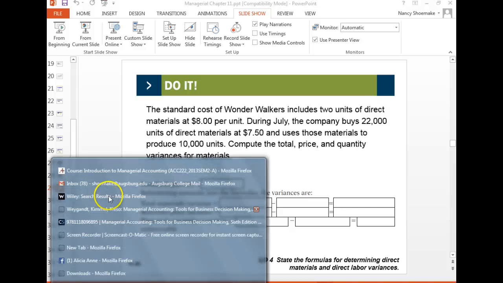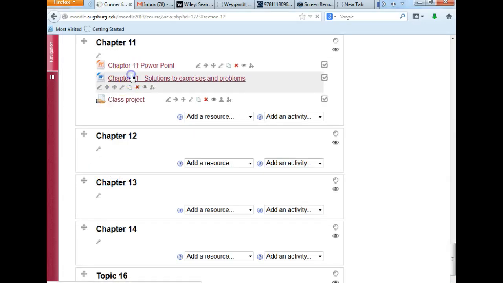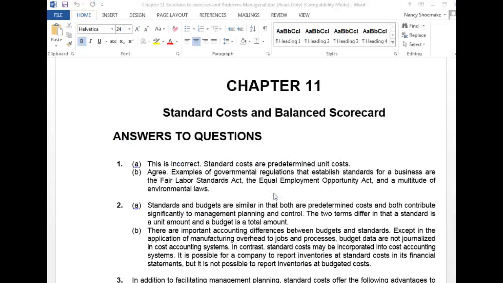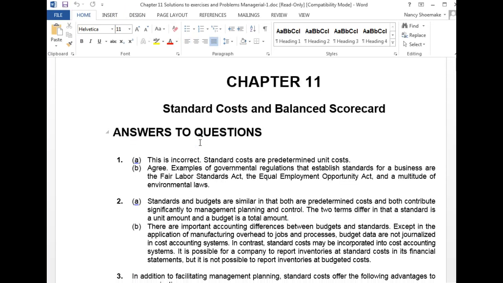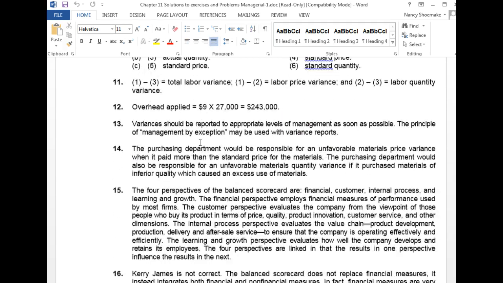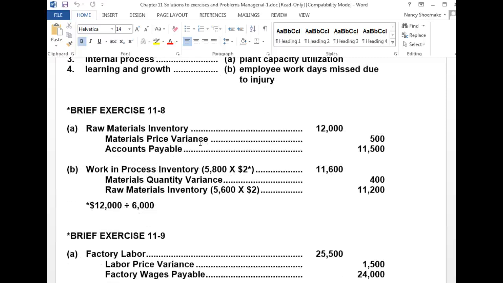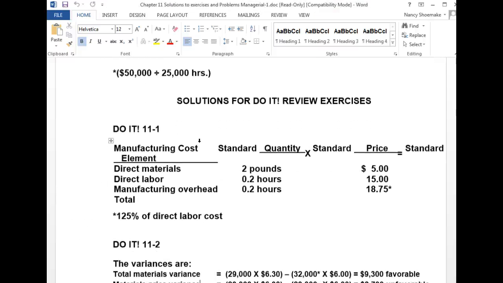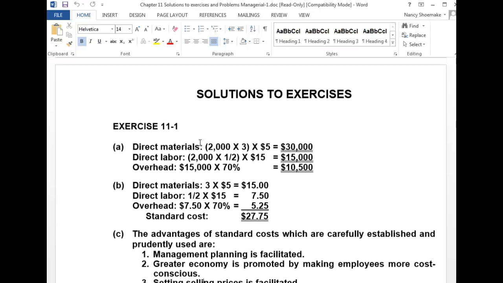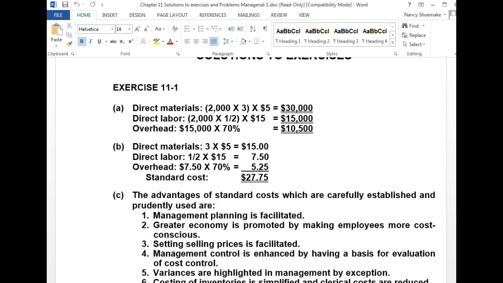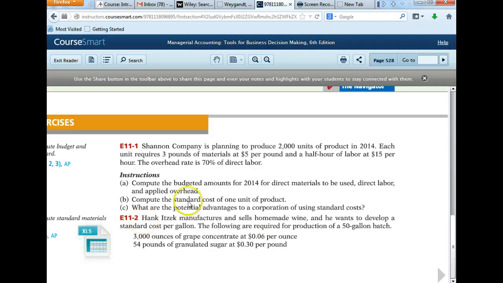Okay, so let's pull up this exercise here, 11.1, and what we need to do is calculate it asks us here to compute the budgeted amounts for 2014 for direct materials to be used, direct labor, and applied overhead.